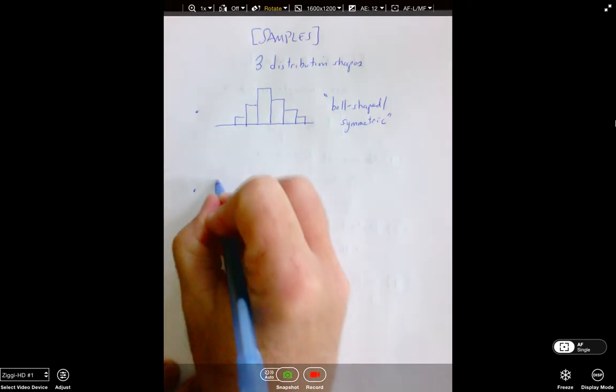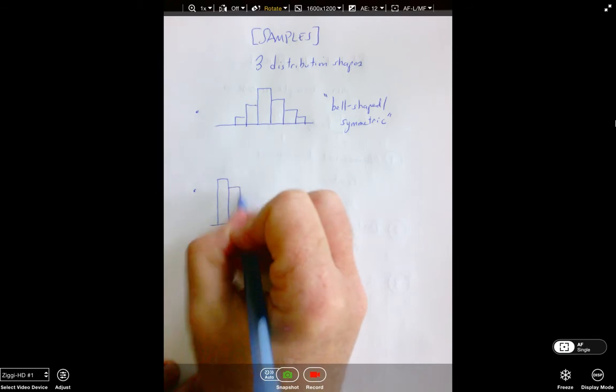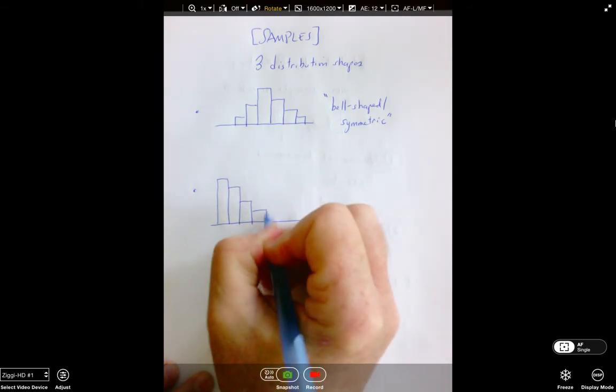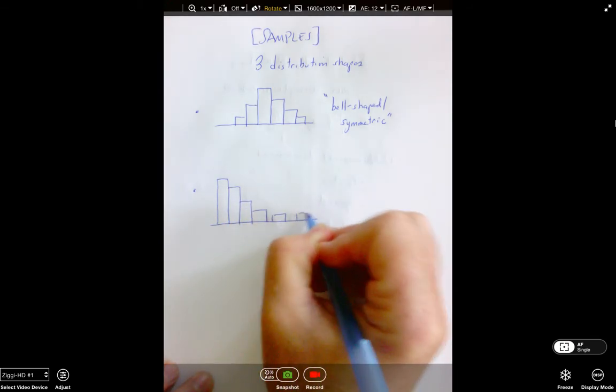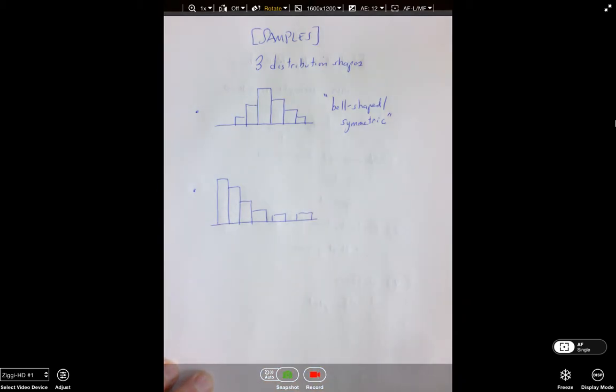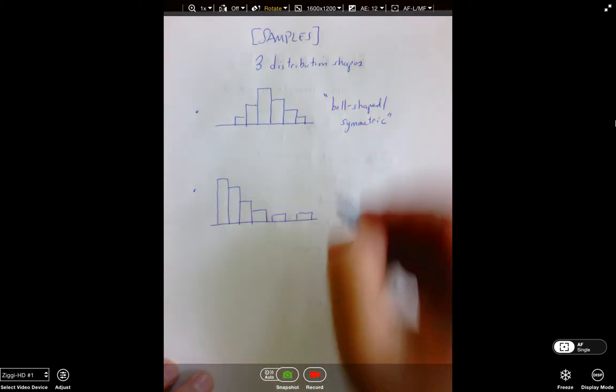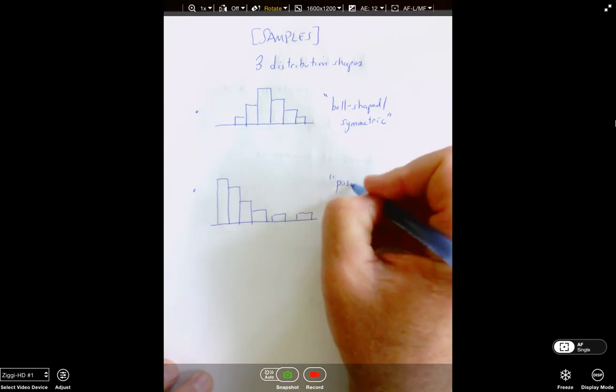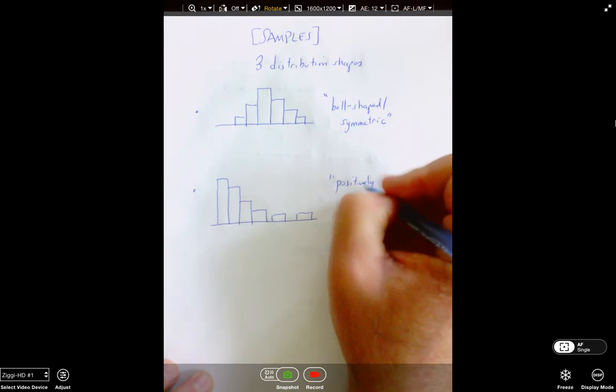Sometimes we run into histograms that under no stretch of the imagination look bell-shaped and symmetric. If we have something like this, we're going to call this positively skewed.